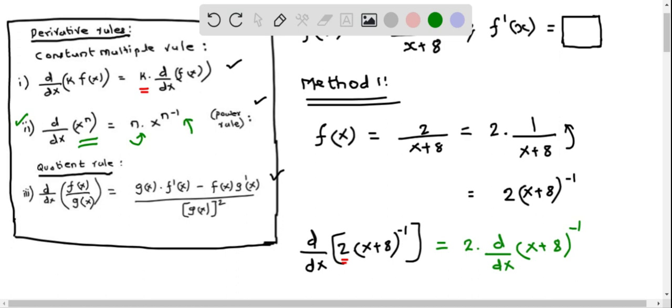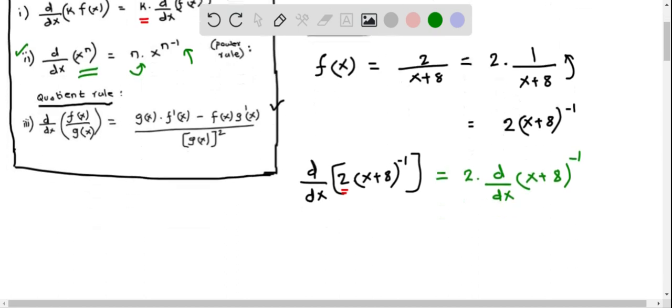Basically, we just have to reduce the power and put the power in front. So let's do that. To find the derivative of x plus 8 raised to the power of minus 1, I put the negative 1, which is the power of x plus 8, in front, and then I put this x plus 8 as it is, and then I reduce the power by 1, which is minus 1 minus 1. Here we have to note that it is not just a simple x function, it is x plus 8 terms.